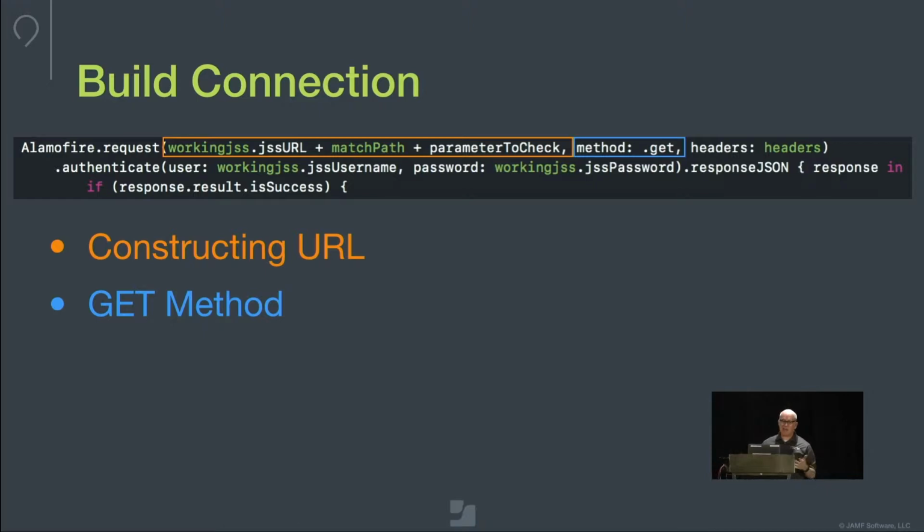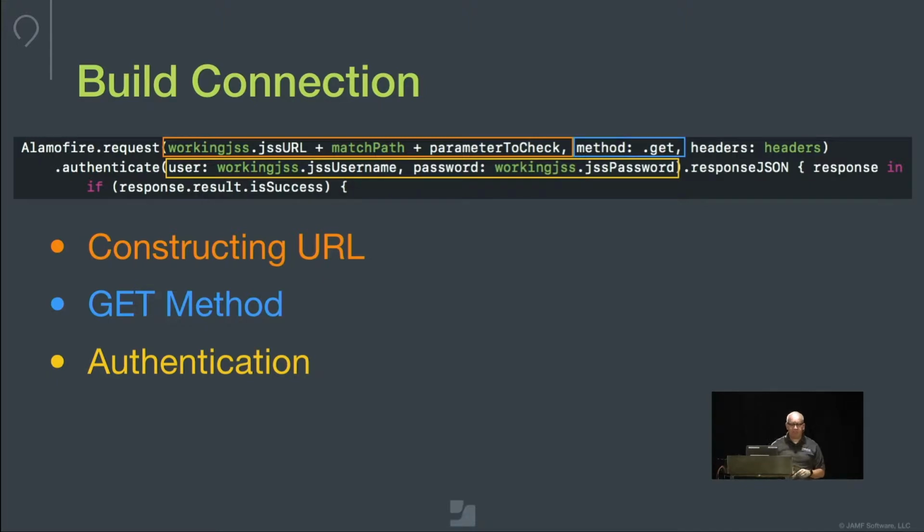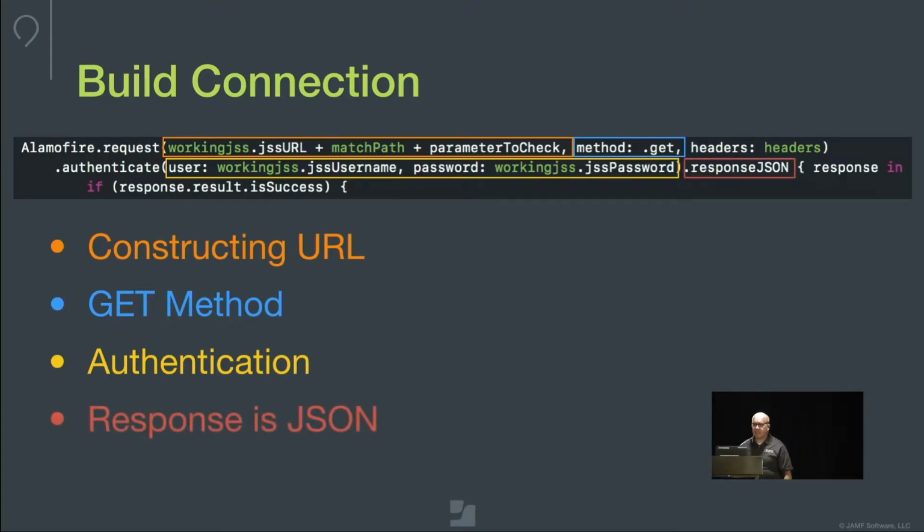We're using the GET method to retrieve data from the Jamf Pro server. We specify the authentication, so we store the variables for the user account and password. Again, we can use the native keychain here and populate those variables from the keychain data. And then lastly, we're specifying that the response we're expecting back is going to be JSON so that we can handle that.